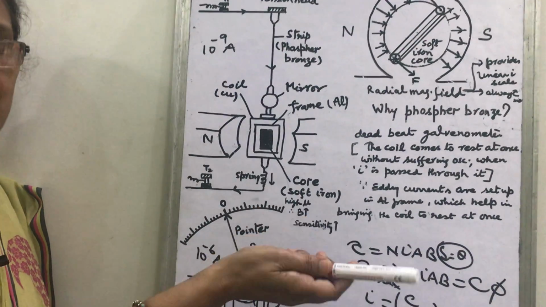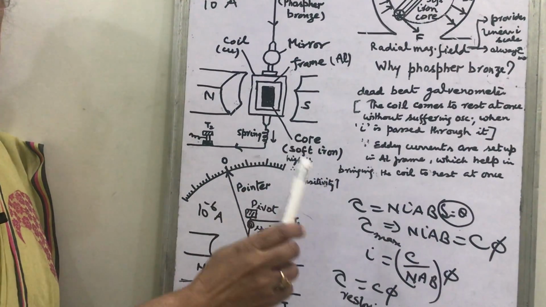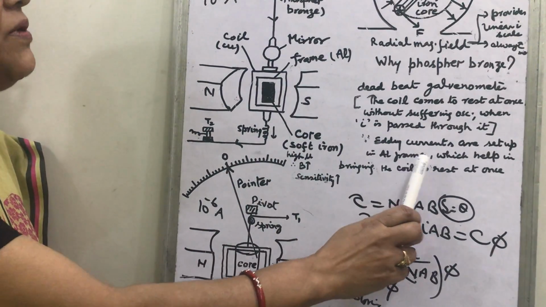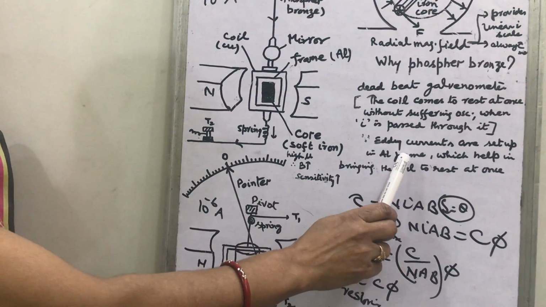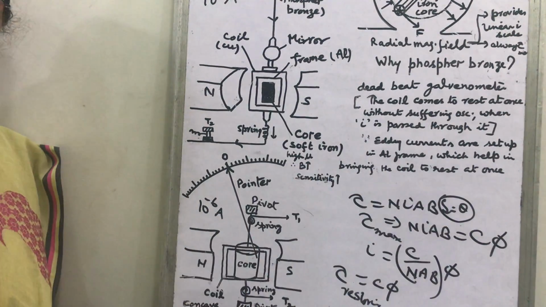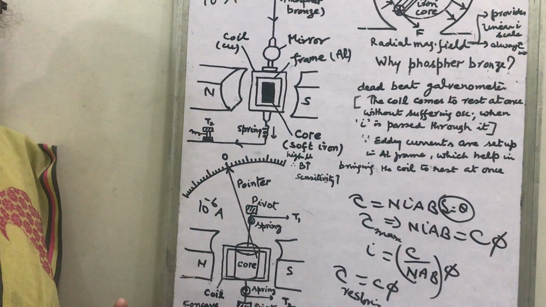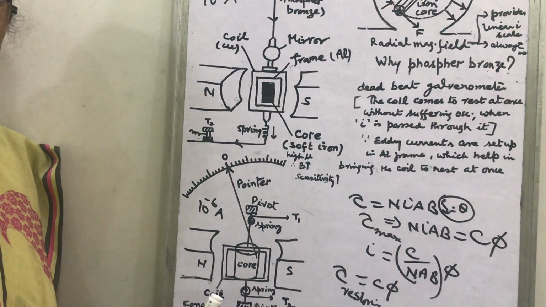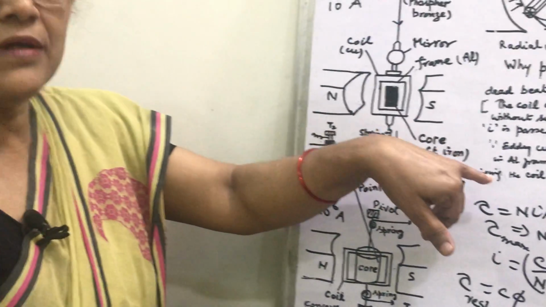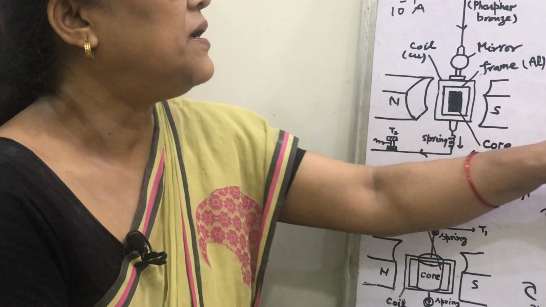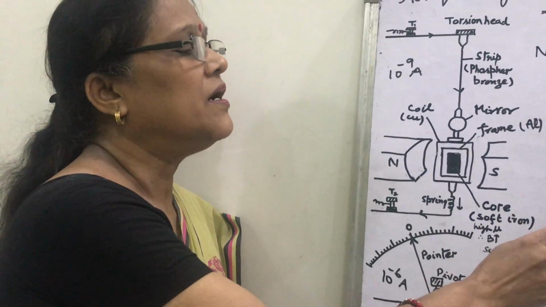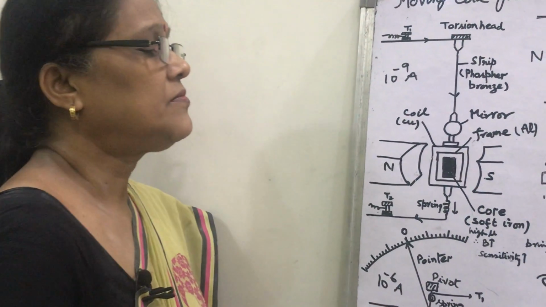Why this aluminium frame? What is its role? In aluminium, as we will discuss later on, eddy currents are set up in the aluminium frame, which help in bringing the coil to rest at once. So a galvanometer is said to be deadbeat when it comes to rest at once when current is passed through it. So I have given the new point regarding the deadbeat galvanometer.